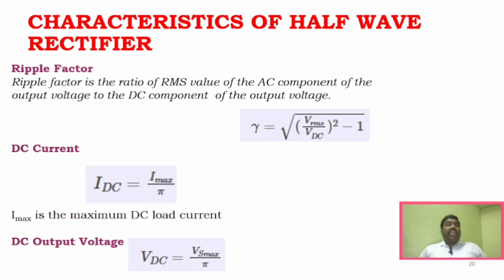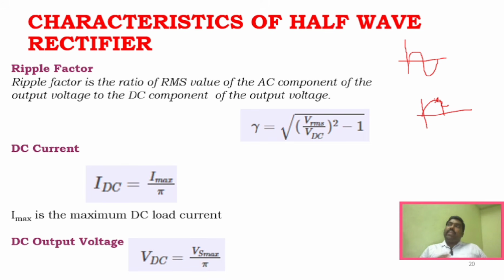Now we'll see the characteristics of a rectifier. The very important characteristic of a rectifier is the ripple factor. What is ripple factor? During this conversion from AC to a pulsating DC, there will be some distortion, some oscillation in this particular output, and that oscillation is called ripples.